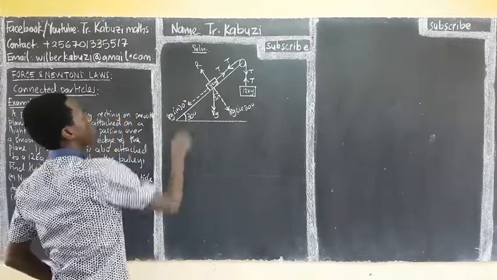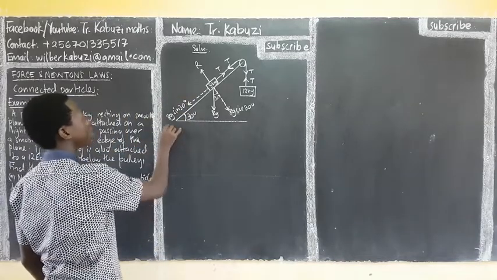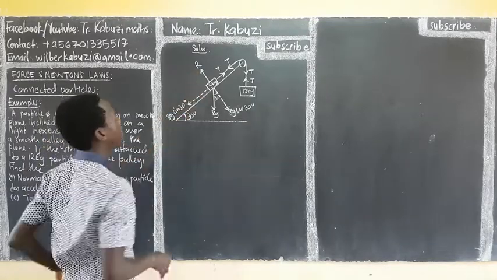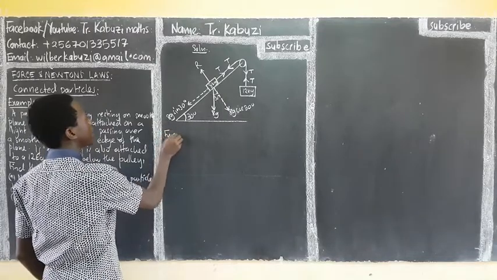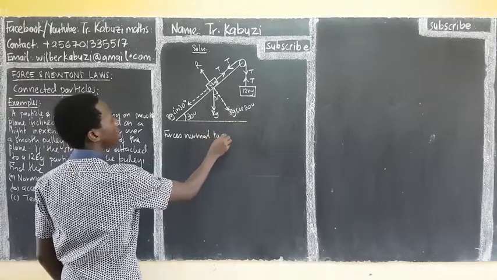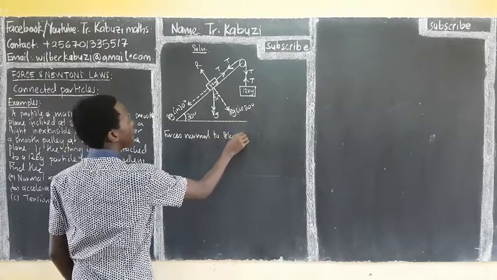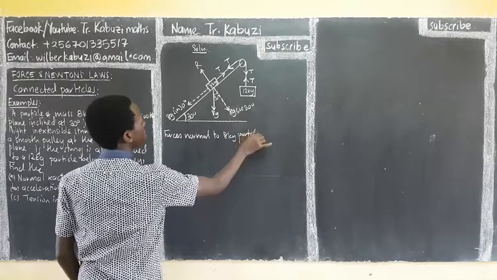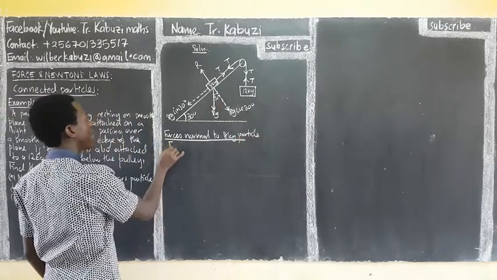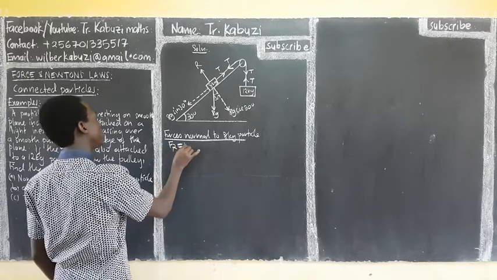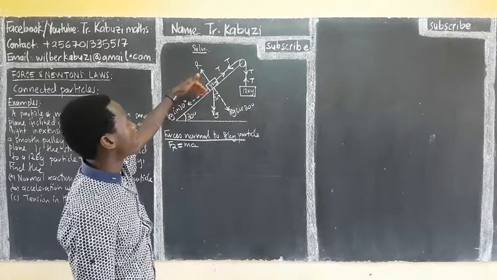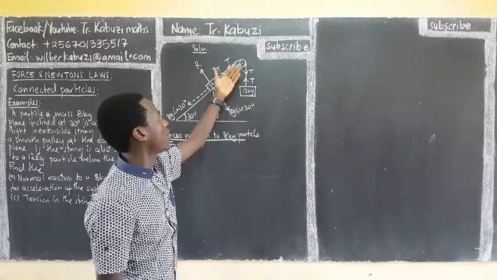So if you resolve that, we start with the forces normal to the 8 kilogram mass. Normal means perpendicular. So our resultant force is equal to ma. But remember, this particle is not moving in this direction, it's just moving along the other side.